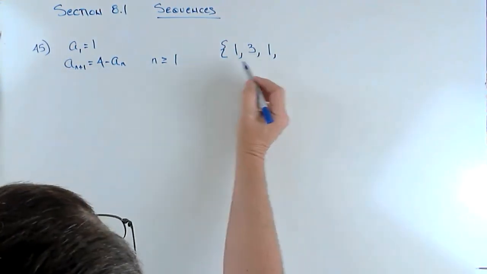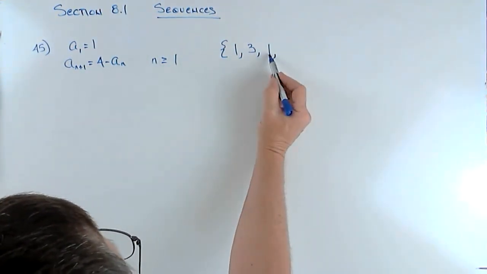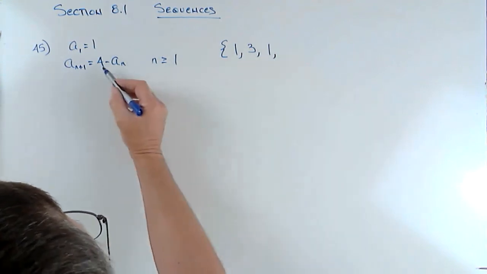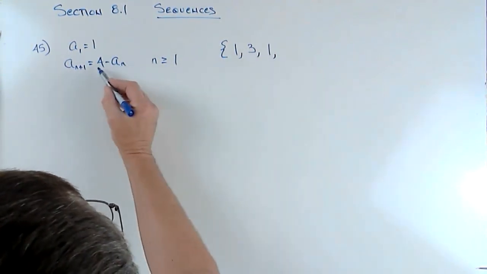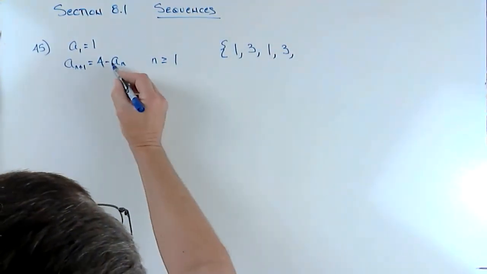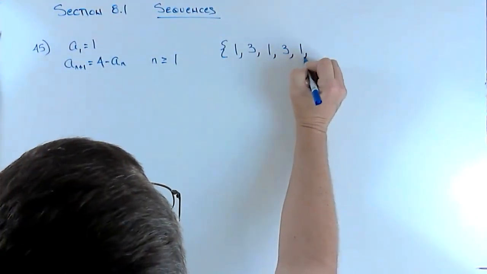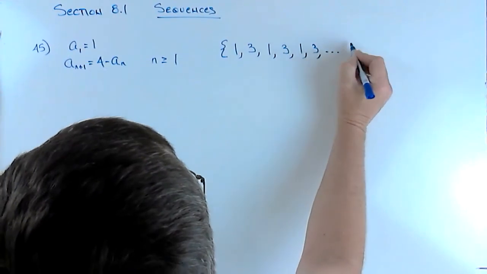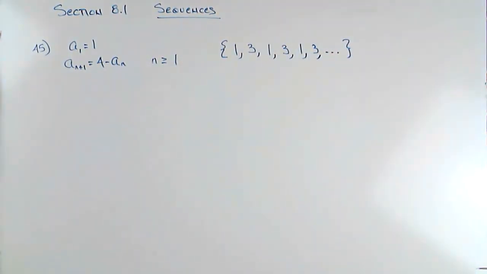And then it's going to be 4 minus this term right here, so 4 minus 1 is going to give us 3. And we're going to get 4 minus 3, and we're going to get back to 1. And this is going to be 3. And we have this sequence right here, and it says determine whether or not this sequence is convergent or divergent.